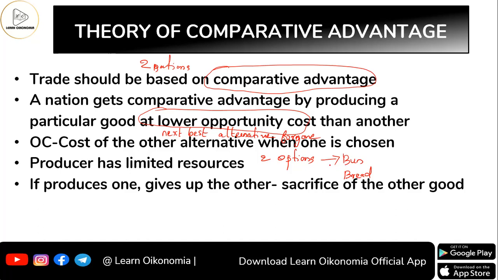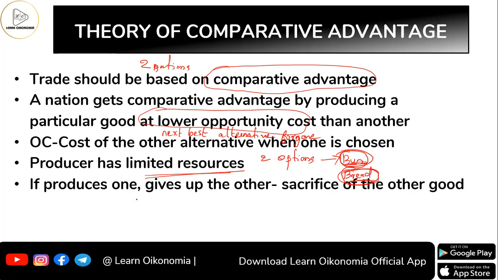If he is producing bun, he has to sacrifice bread. If he is producing bread, he has to sacrifice bun. He can produce only one commodity because of his limited resources. So the cost of the other alternative when one is chosen is called the opportunity cost, for example the cost of bun when bread is chosen. The sacrifice made is taken into consideration.